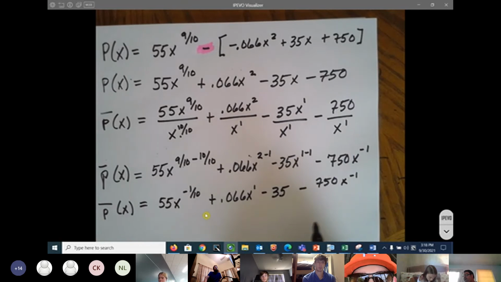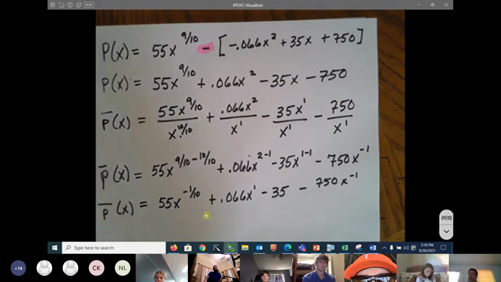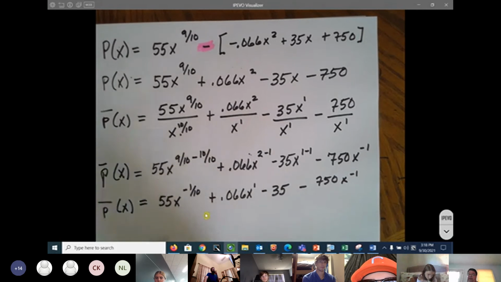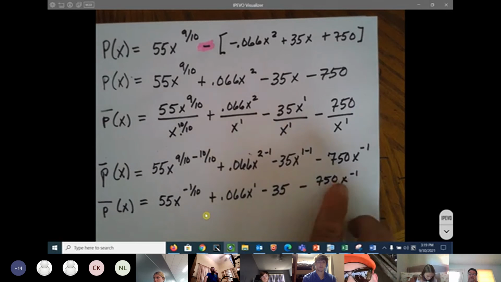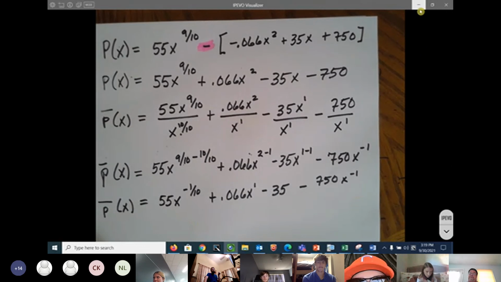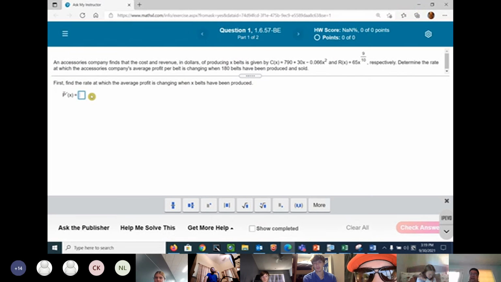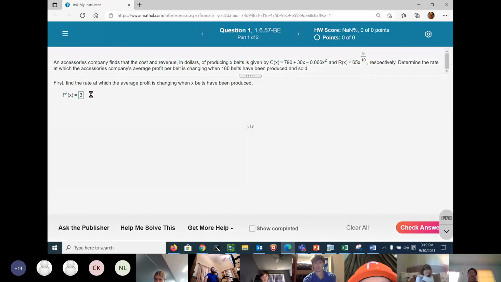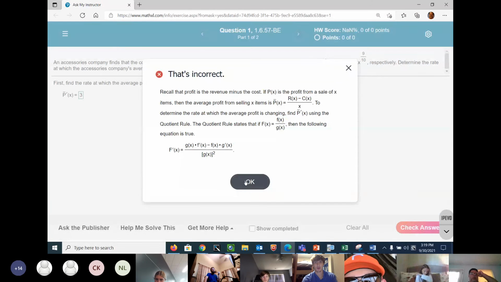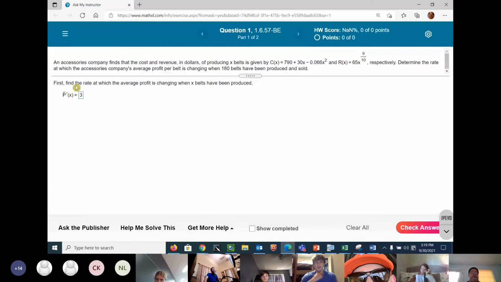Now, the reason I'm leaving it X to the negative 1 is they're going to ask us for the rate of change of the profit, I think. And we're going to have to take the derivative of each one of these, I think. Yeah, there it is. It says, now find the rate at which the average profit is changing.